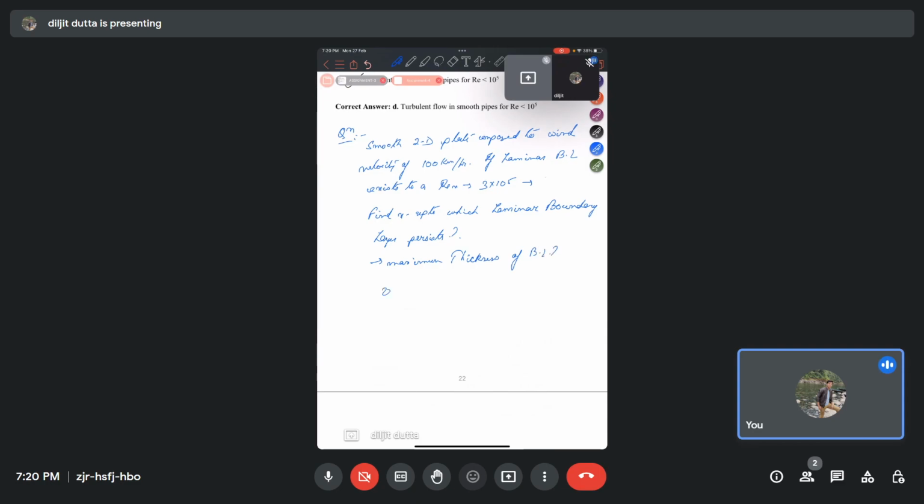Nu is given as 1.49 into 10 to the power of -5 meter square per second.